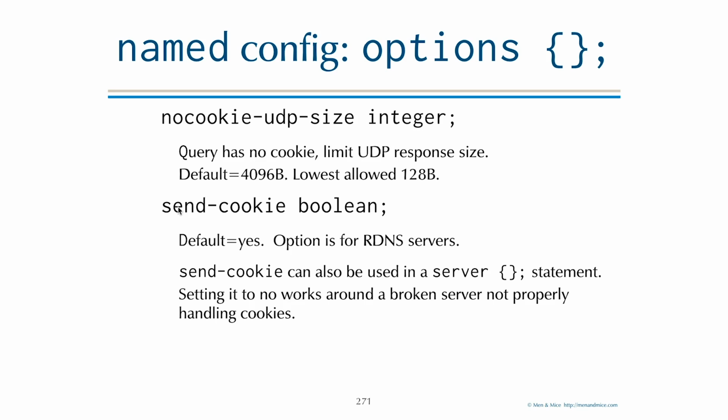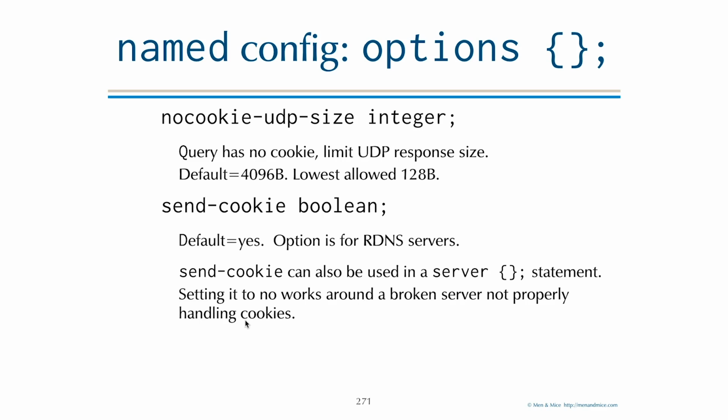Then the option send-cookie, which you could turn off. The default is yes, meaning the default in named is that it will send back a server cookie. This option really exists for resolvers, RDNS servers, and you can use it globally or separately for a specific server, and it is there to fix broken servers that are not properly handling cookies.